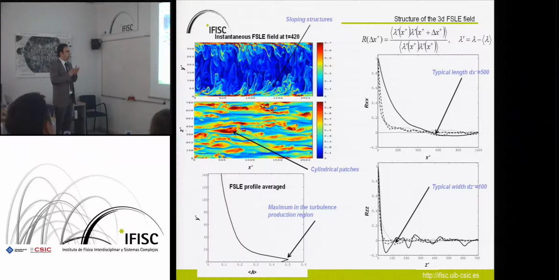These dimensions are consistent with the dimensions of coherent structures, but obtained from the Eulerian perspective. So when we obtained these results, we were pretty sure that there was a good match between the Eulerian structures and the Lagrangian structures that we were identifying.